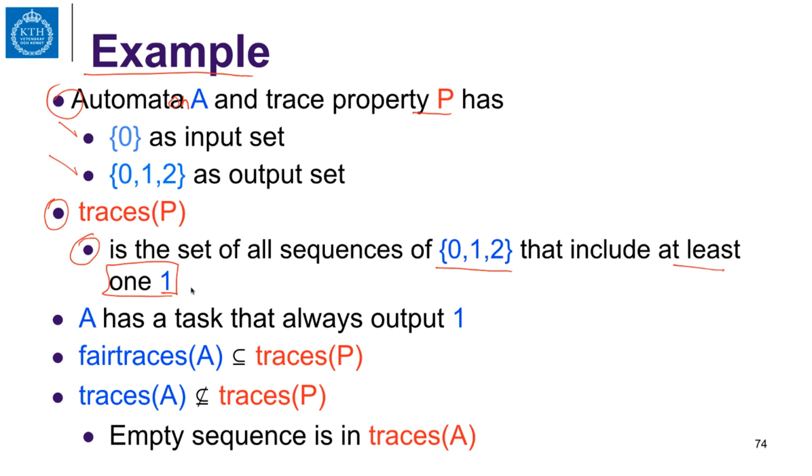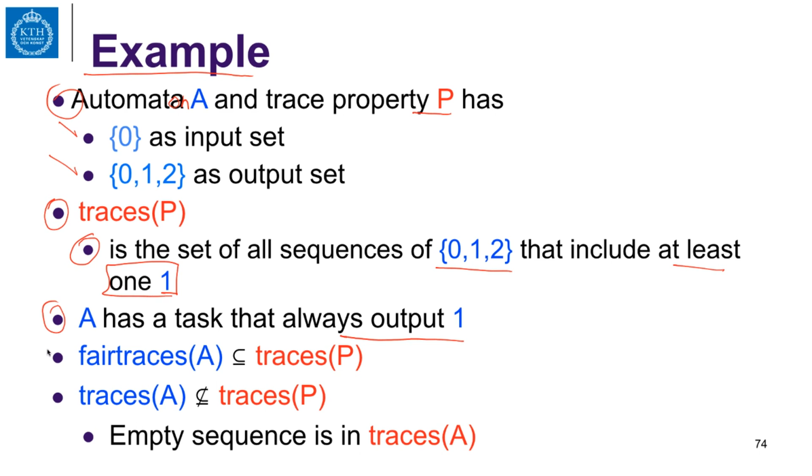Now we want to design an automaton that satisfies this problem. And it's very trivial. We just have an automaton A that has a single task, and this task executes an output action, and the output action just outputs 1.